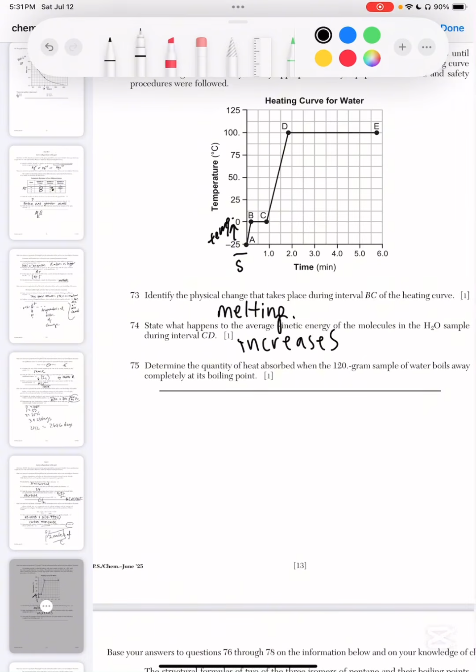Determine the quantity of heat absorbed when 120 grams of sample water boils away completely at its boiling point. So for this one you would just use the heat of vaporization. Let me see, this is on the reference table, which is really nice because I wouldn't remember this.